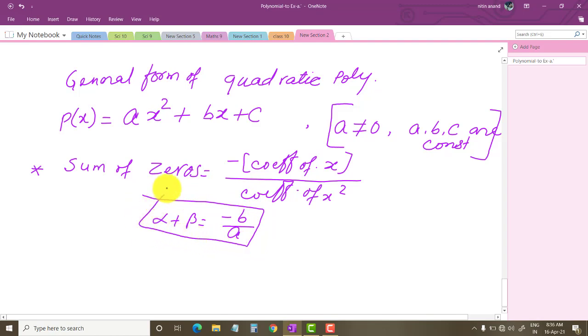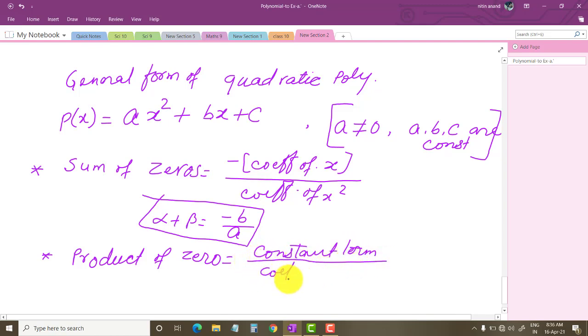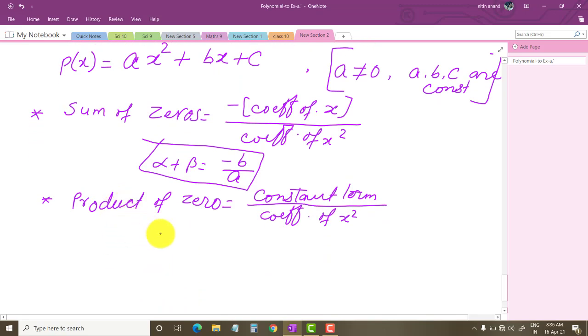And the second one, the product of zeros, for this polynomial is the constant term divided by the coefficient of x squared.